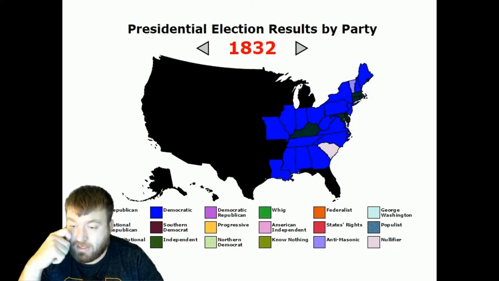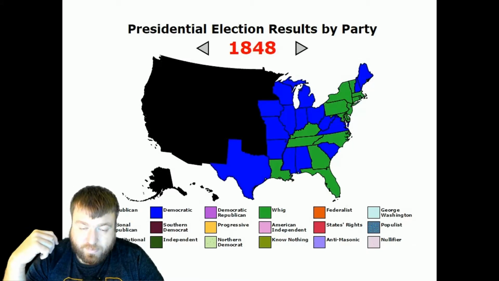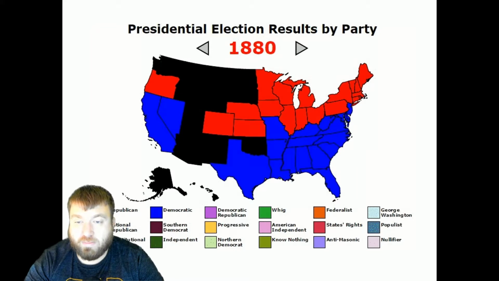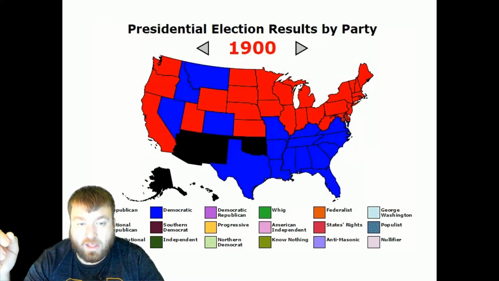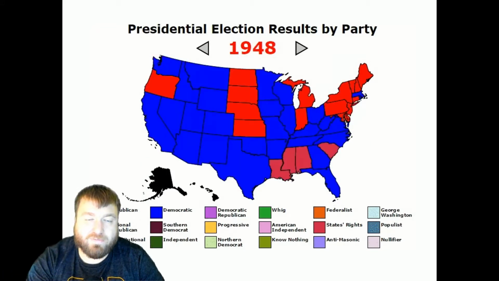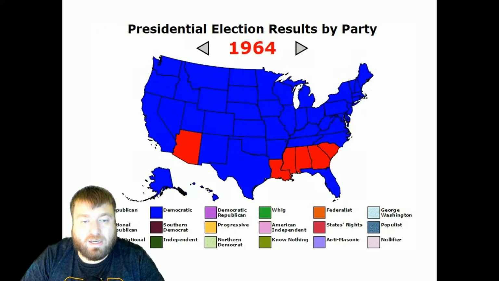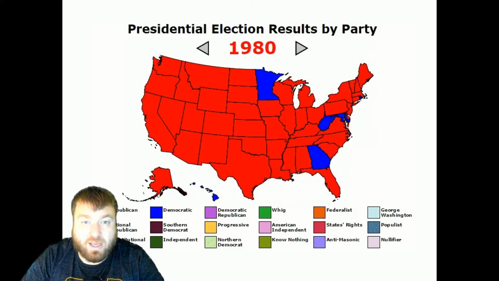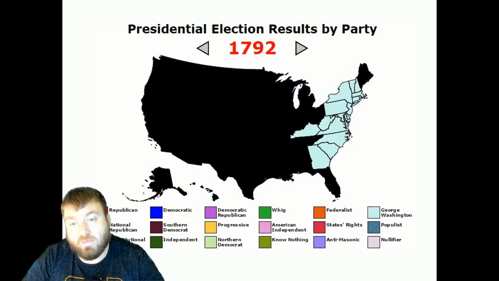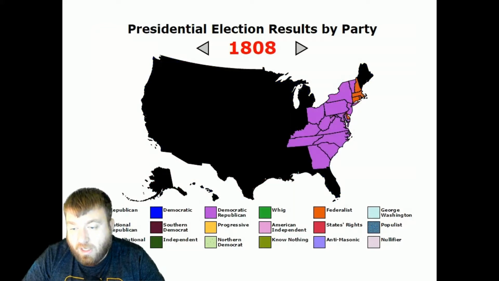It's interesting to watch how the states change over time in which party they support, and it shows the growing of the country over time. And it's interesting to see how one-sided some elections are, whereas some are very highly contested.